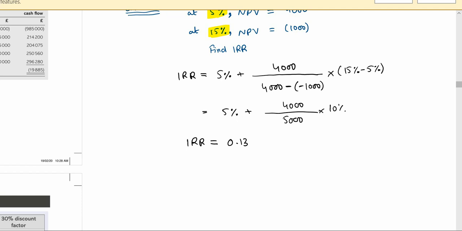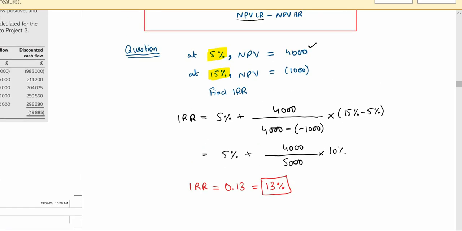Plus... Yes, sir, 0.13. You're supposed to add 5%, sir. So 13% is the IRR. So this is the method to calculate IRR.